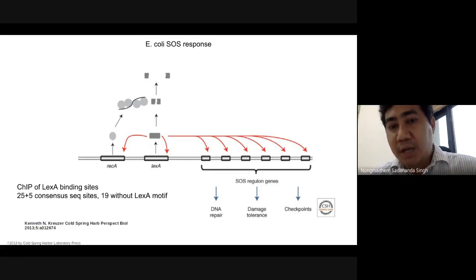So now, if you think of the SOS response, which is induced by RecA through LexA, it has a very complex network to repair the DNA damage, and meanwhile you stall the progression of the cell cycle so that the cell has enough time for the damaged DNA to be taken care of, or you can synthesize or replicate even in the presence of damaged DNA, which would slow down the replication process.